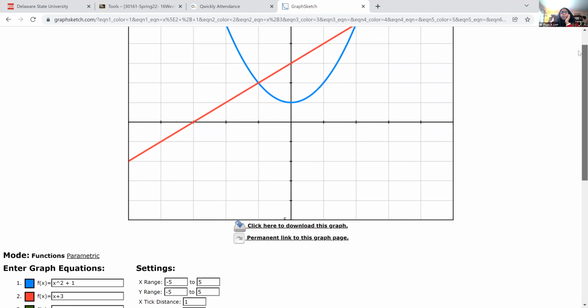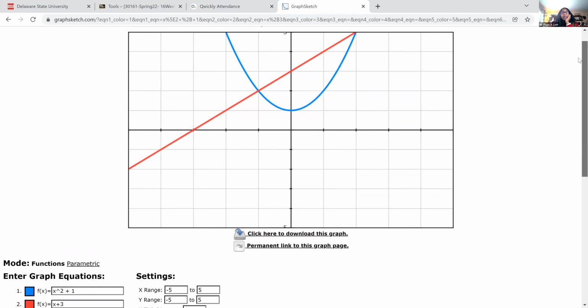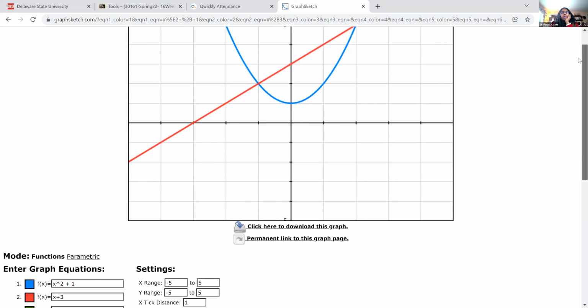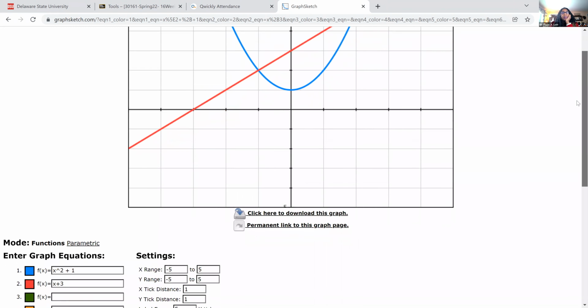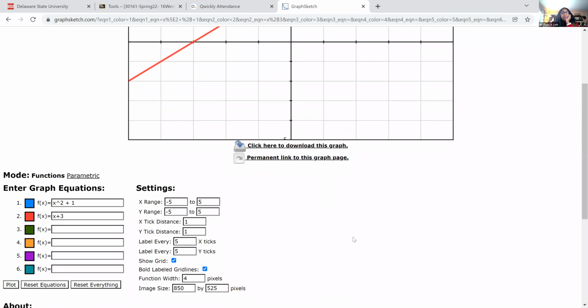Okay, there we go. All right, so as I can see, I really need to go only between -1 and, all right, so let's increase the y range a little bit. Maybe let's see if it goes up to 7, if I can get the whole thing.